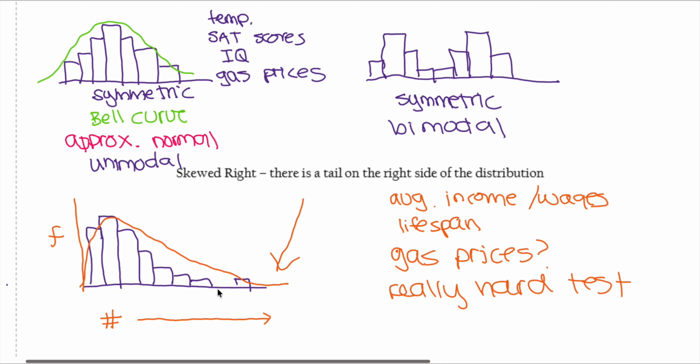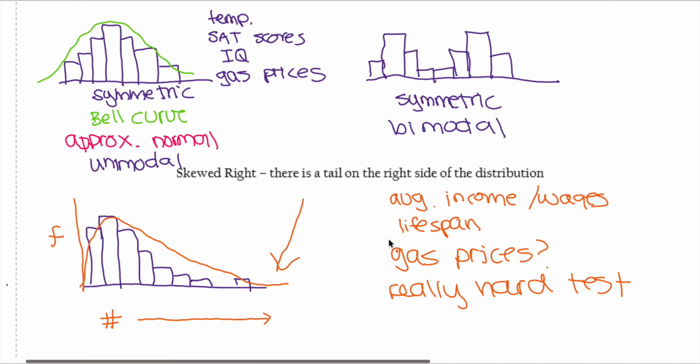A lot of beginners will think that most of the data lie on the left side, so this is going to be a skewed left graph. Well, that's not the case, because you don't look at the head of a graph, you only look at the tail. So if the tail lies on the right, then this whole graph is skewed to the right.